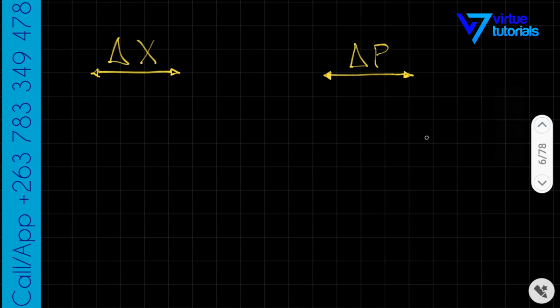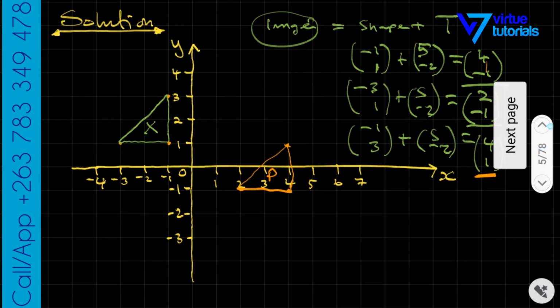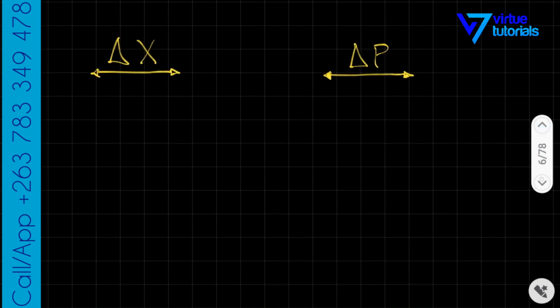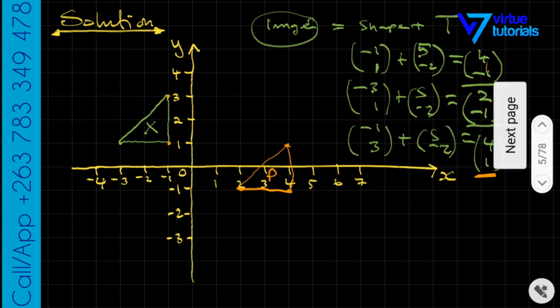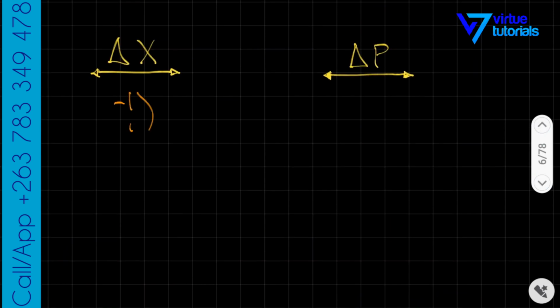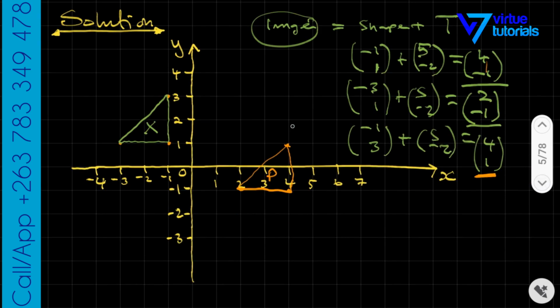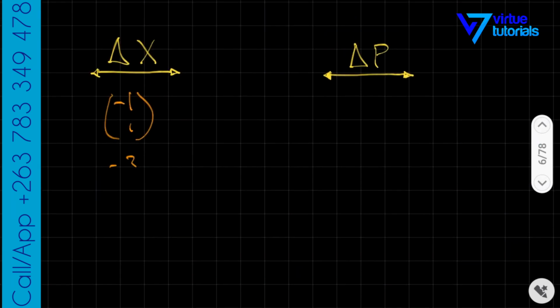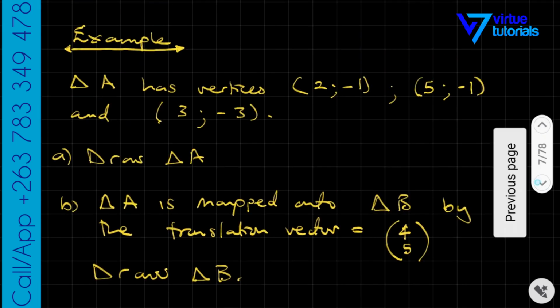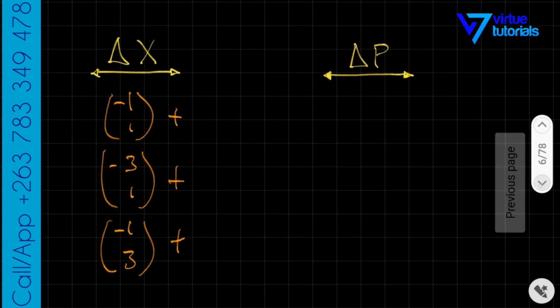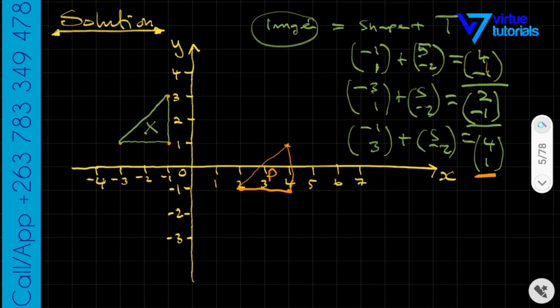Okay, so this is what we would get. We would have had (-1, 1), (-3, 1), (-1, 3), and we're simply going to add our translation vector, right, which is (5, -2).